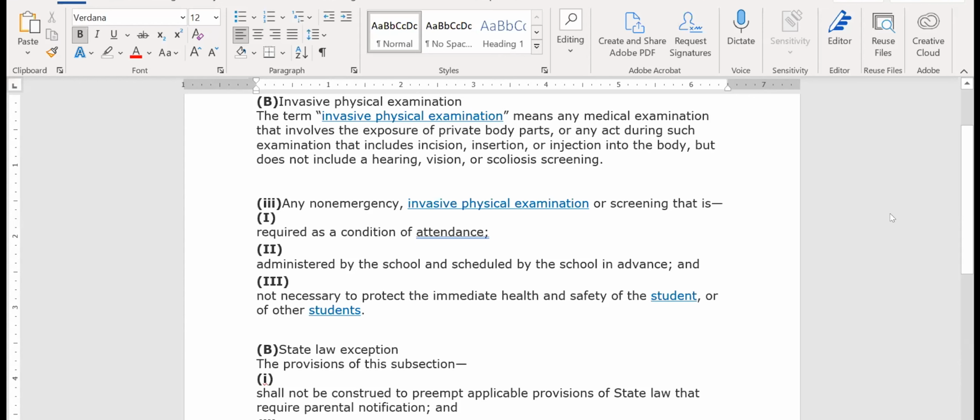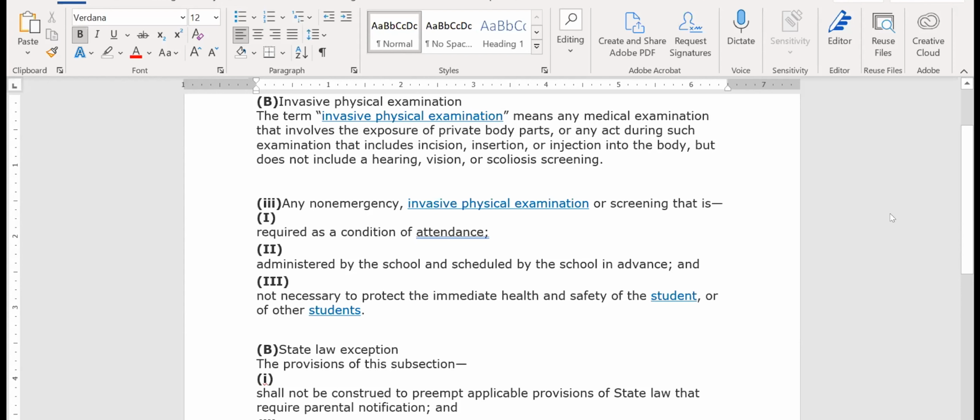First, the definition of invasive physical examination: any medical examination that involves the exposure of private body parts, or any act during such examination that includes incision, insertion, or injection into the body, but doesn't include hearing, vision, or scoliosis screening, which does make me wonder, what kind of vision screening are you doing that involves incision? But if you had one, it's not covered by this.